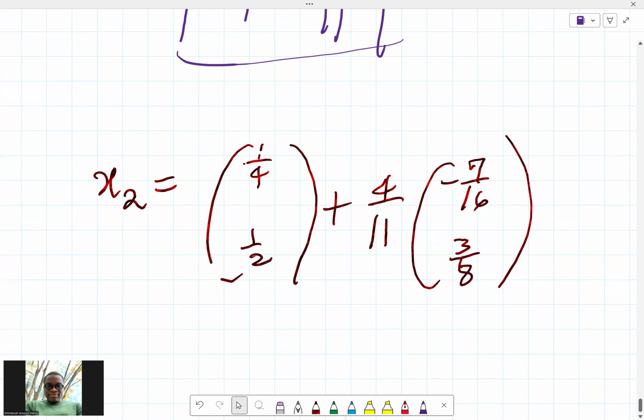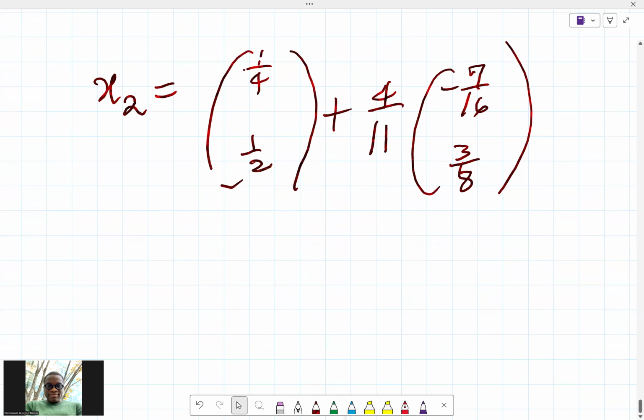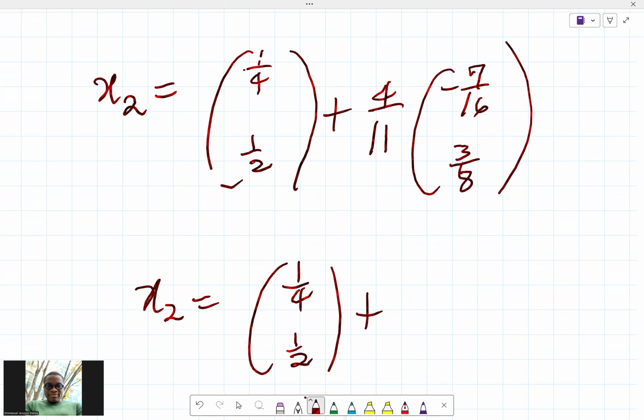Okay, so let's tidy things up here now. So x2 is equal to 1 over 4, 1 over 2 plus, so if you put that inside, 4 goes in 16 4 times, so we have minus 7 all over 11 times 4, that's 44. So 4 times 11 is 44.